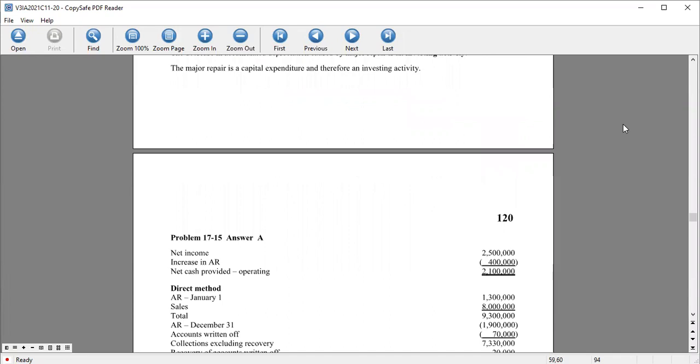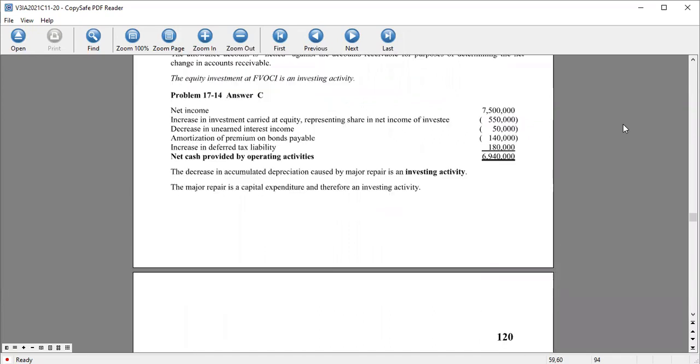So in number 14, our answer is 6,940,000 net income. Then we have increase in investment, carried at equity, representing shares in net income of the investee for 550,000. We have to deduct because it's an increase. Then decrease in unearned interest income.